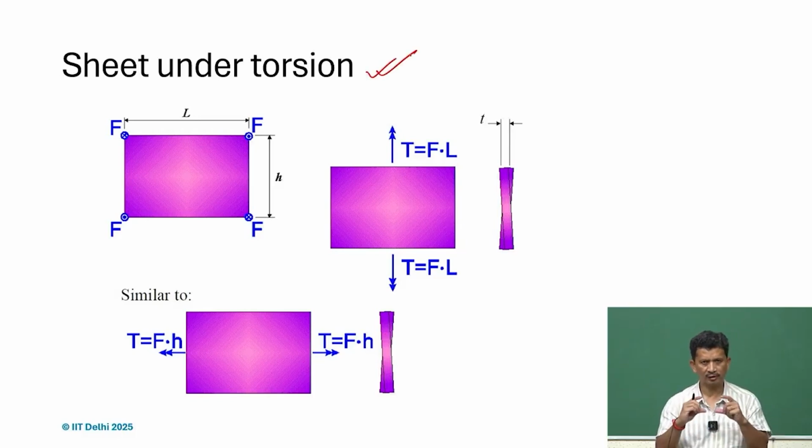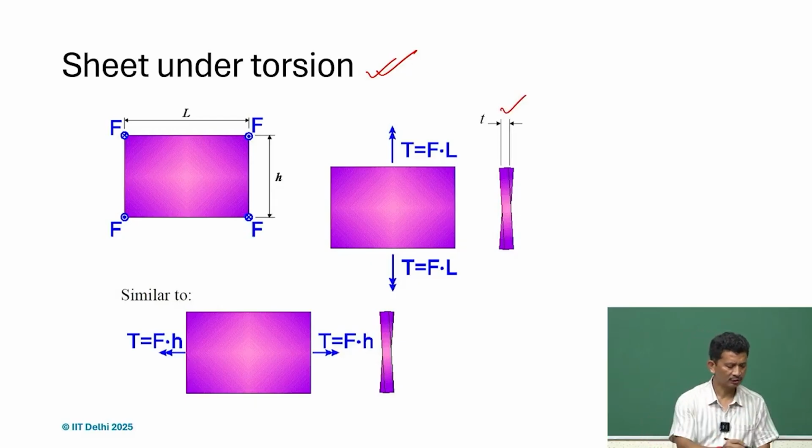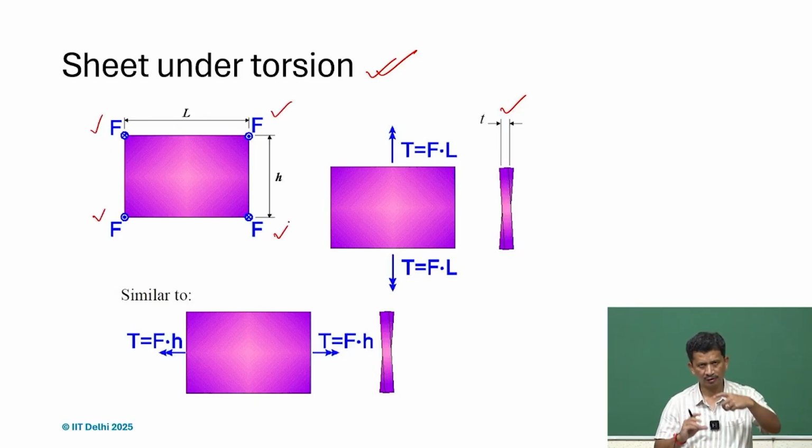And if we take a small piece, a sheet with thickness T, and we try to twist. So the way we twist, these are the forces we apply at the ends, and in one direction we see the torque applied because of this twisting, the forces we are applying at the far end corners.